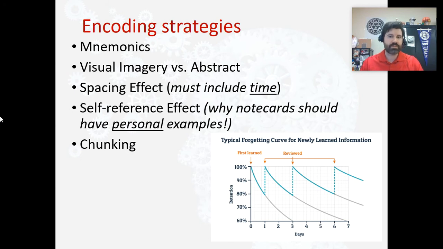Chunking is kind of like the spacing effect. The spacing effect deals with time. Chunking deals with information. The idea behind chunking is you take a huge list of information and you divide it into meaningful chunks. For example, we're going to talk about over 30 different parts of the brain, and that can be daunting to think, I'm going to have to memorize over 30 different parts of the brain. But don't think of it as memorizing over 30 different parts of the brain.